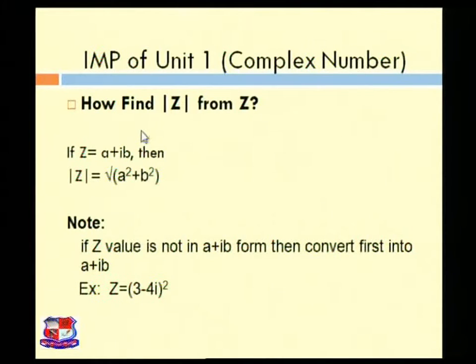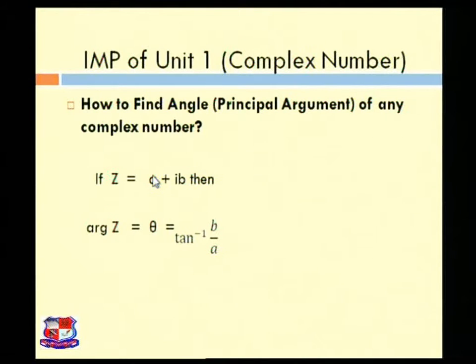We also calculated how to find the mod of z for any complex number, that is, mod of z is equal to under root of a square plus b square. We also discussed how to find the angle of any complex number, that is, theta is equal to tan inverse b by a, if our complex number is in a plus ib form.